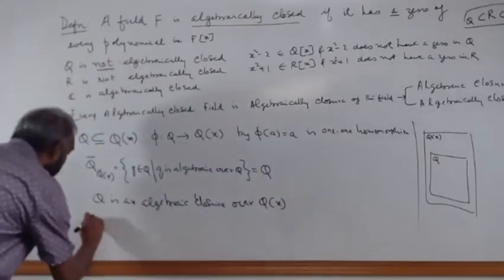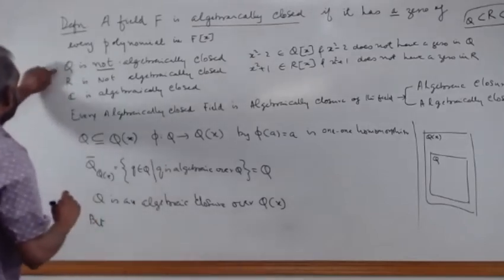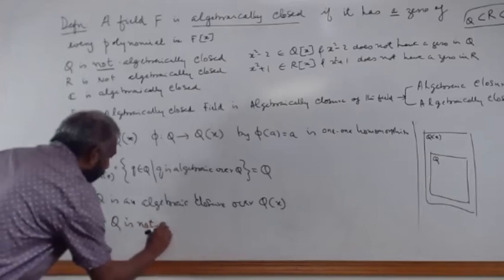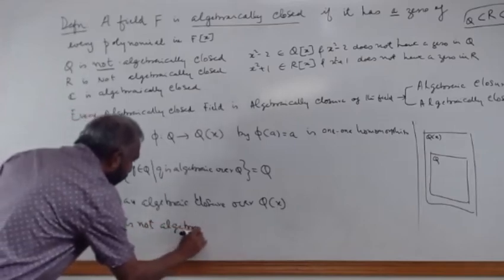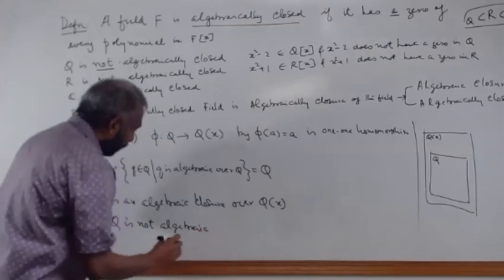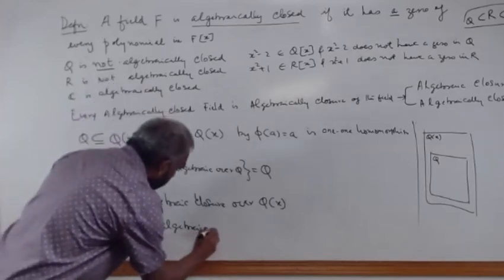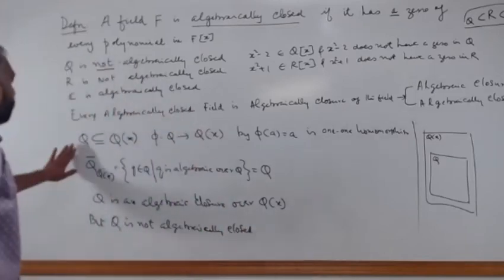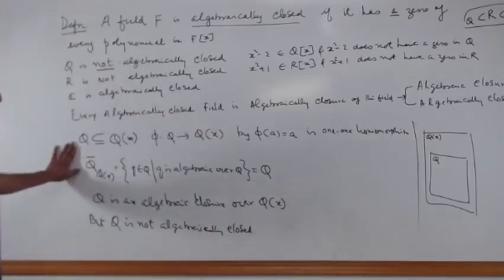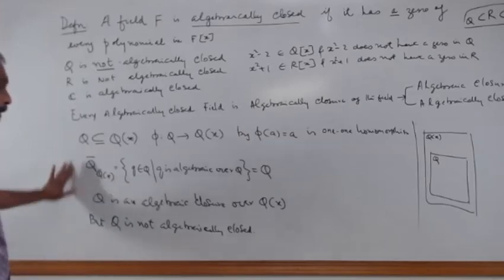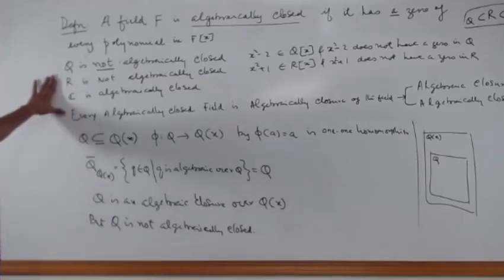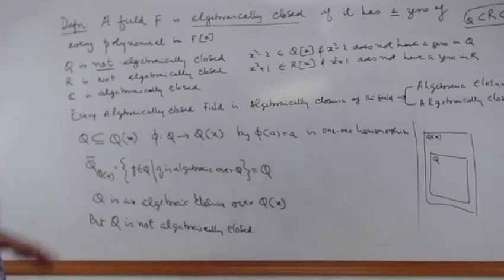But we know that Q is not algebraically closed. So there are fields that are algebraic closure of itself, but still they are not algebraically closed. So there is a difference between algebraically closed and algebraic closure.